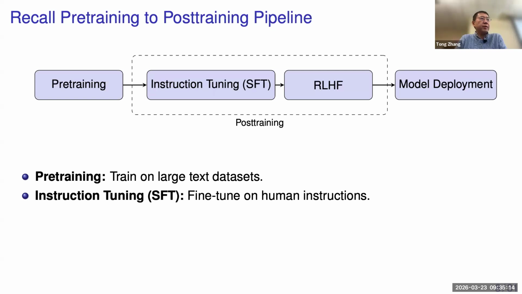Instruction tuning, we already saw that. It fine-tunes the pre-trained model so that it can follow human instructions. Essentially, it can take a model which doesn't follow instructions well to a model which follows instructions very well.